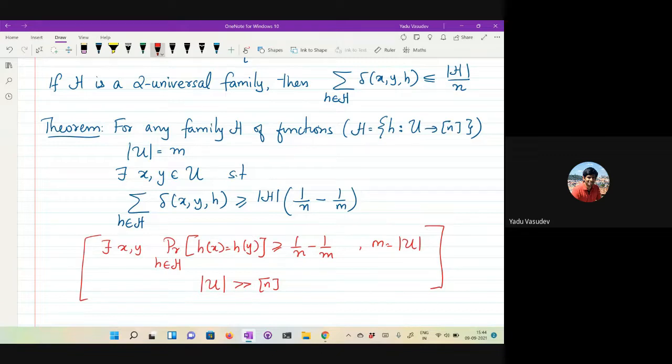So no matter which family of functions you take, looking at pairwise collisions, which is what 2-universality captures, you cannot hope for a better definition than less than or equal to 1 over n. That's what this theorem is telling you: that definition is probably the best you can hope for. Is the statement of this theorem clear? Any questions?